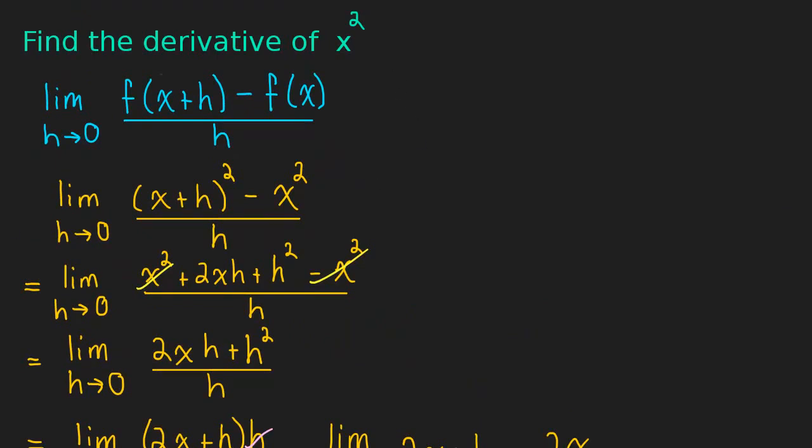Now a little notation. We have the original function f of x is equal to x squared. If we want to denote its derivative, we write a little prime symbol. So f prime, meaning the derivative of f, is equal to 2x. That's what we just figured out.